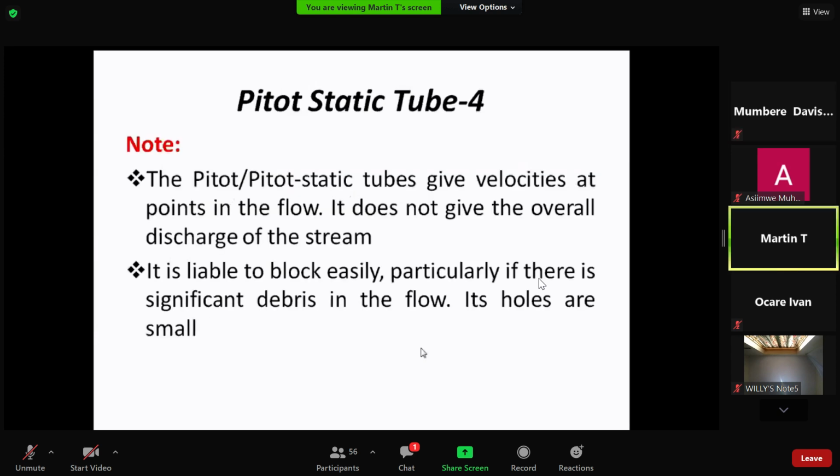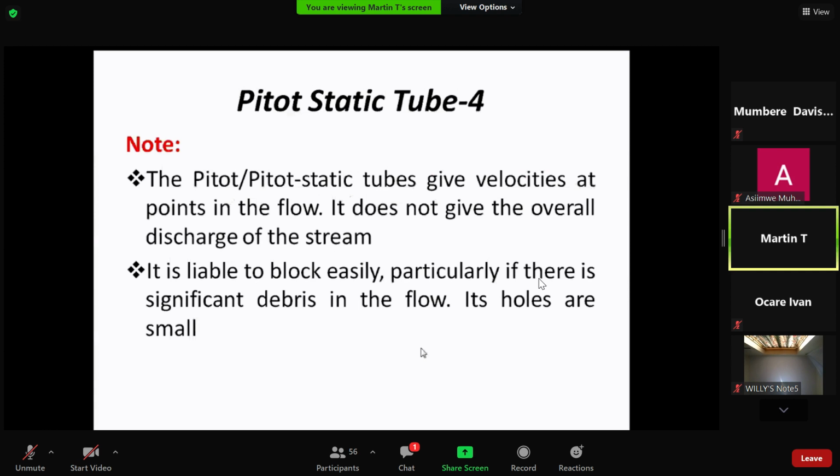Now, notice that pitot tubes, we already talked about this. Pitot tubes only give velocities at points in the flow. They do not give the overall discharge of the stream. If you want to determine the discharge of a stream, you can take different measurements of velocities across the section and look for the average.